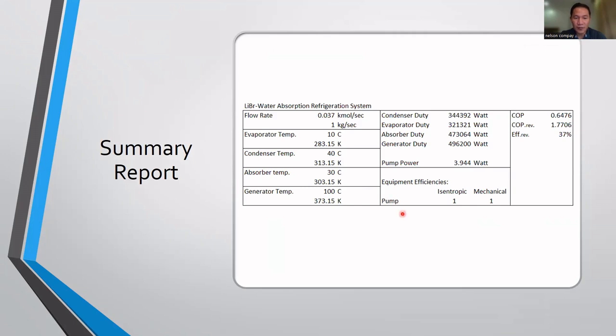This is the summary report. Here, we can see that our model has a COP of 0.6476, which is far from the COP of a reversible cycle, which is 1.7706. So overall, this plant has an efficiency of 37%.